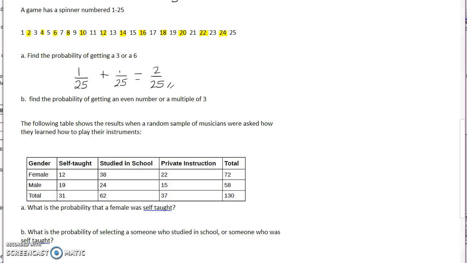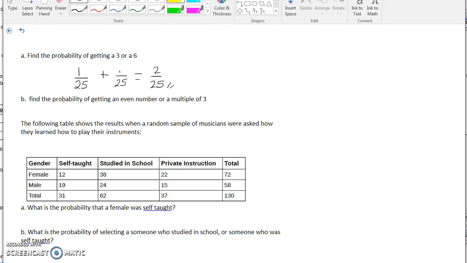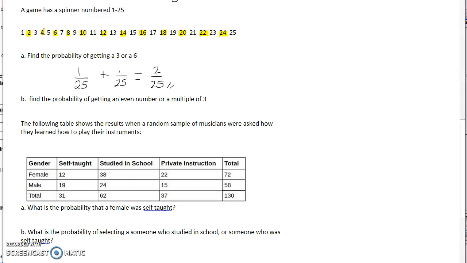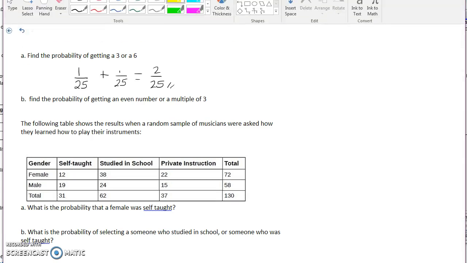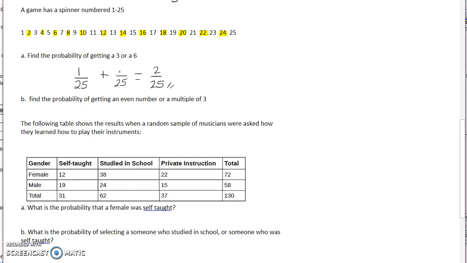Now we need to count those up. How many of those were there? There were 1, 2, 3, 4, 5, 6, 7, 8, 9, 10, 11, 12 out of 25 of them were even numbers. So the probability of getting an even number would be 12 out of 25.